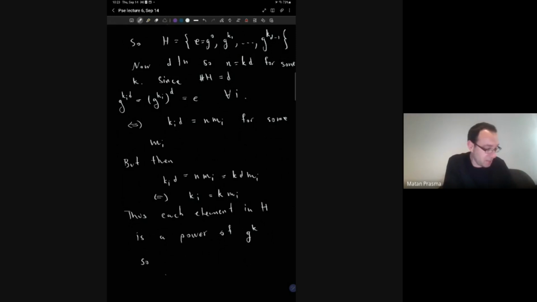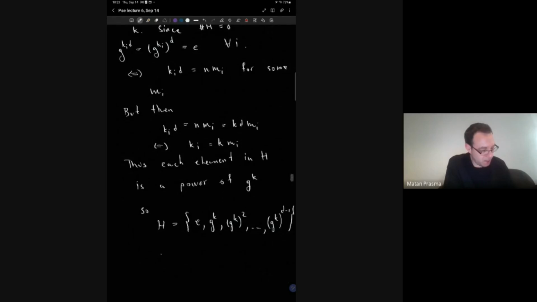So I can simply write H as the unit element, g to the k, g to the k squared, and so on up to g to the k d minus 1. Okay? And this of course means that H is generated by g to the k. Any questions about this proposition?